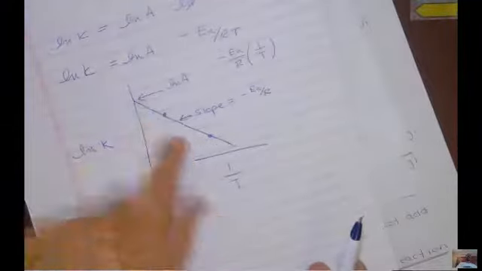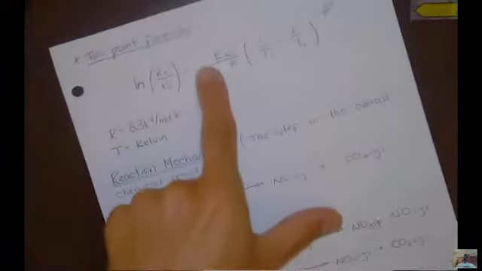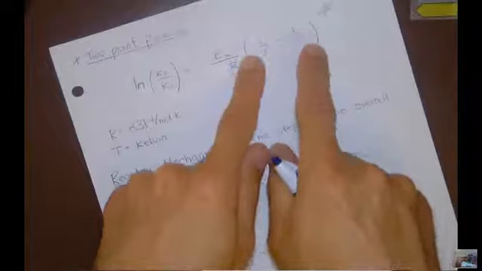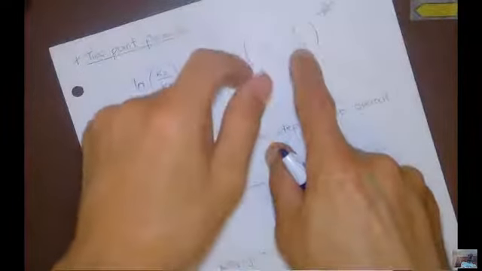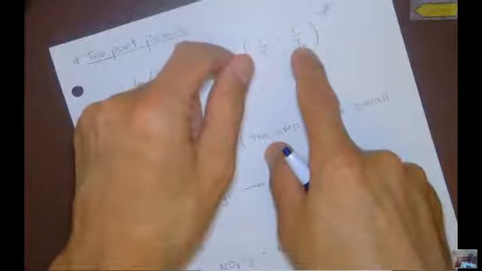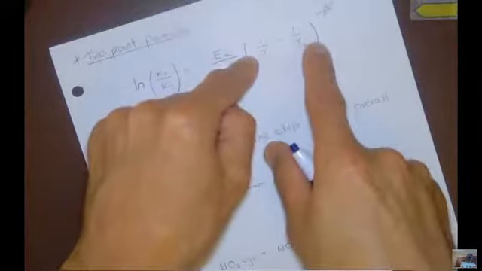So really, EA over R has a negative sign on it. So what I do is I multiply that negative sign through here, and it changes 1 over T2 minus 1 over T1. It changes the order just like it did in Clausius-Clapeyron.